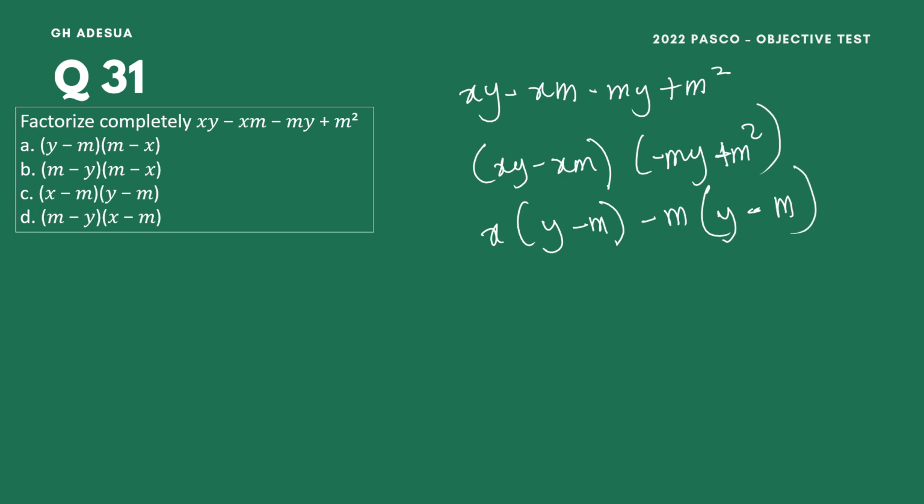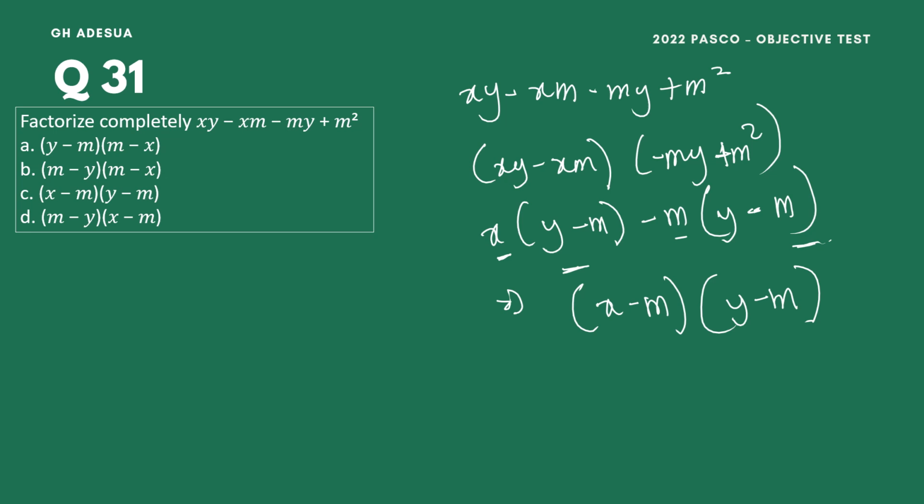We multiply negative m by negative m, which gives a positive m squared. Now realize that both remaining brackets are the same, so we pick one and group the ones outside the bracket. So all the outsiders are x minus m, and all the insiders, since they are the same, we pick as y minus m.